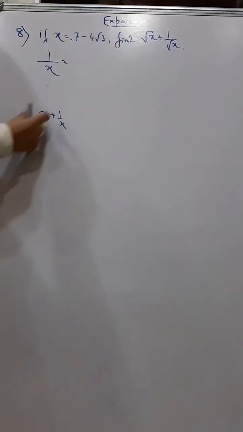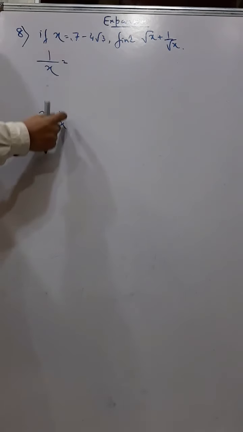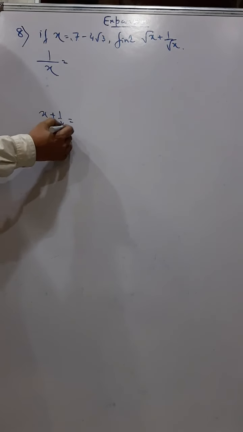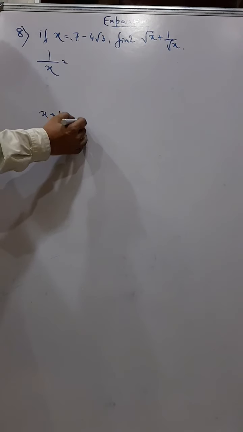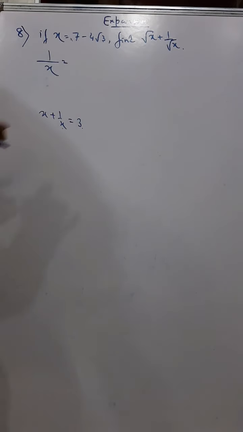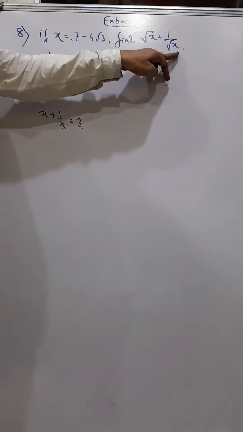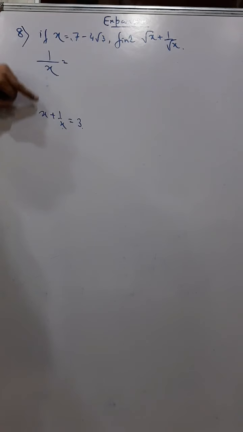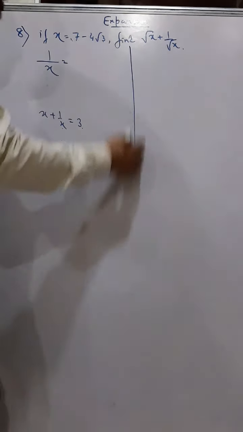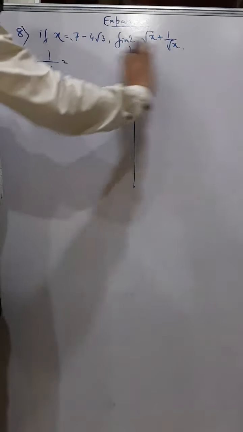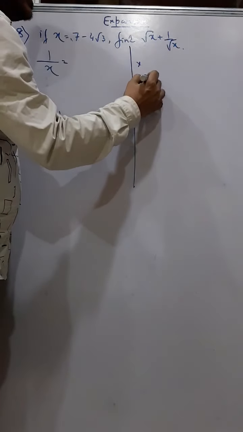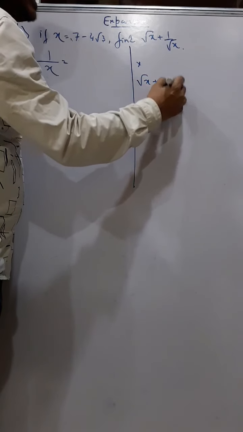Suppose I get this, why I am doing this, because I require this. Now why I have done, first I got 1 by x and then I am getting this. Try to understand. Now see here, I will not find this directly, I will find this.